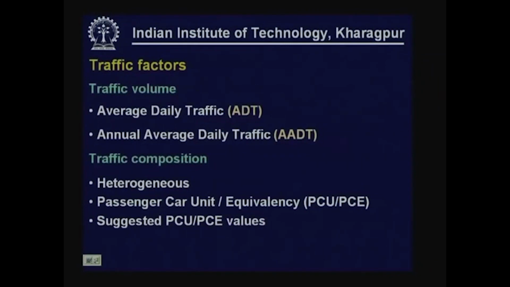Then the next factor is traffic composition. In most cases in developing countries particularly, the traffic is not homogeneous in nature. We do not expect homogeneous traffic. It is highly heterogeneous. Now, for heterogeneous traffic, if we say 100 buses, 100 two-wheelers or 100 cars, do they completely convey the meaning?